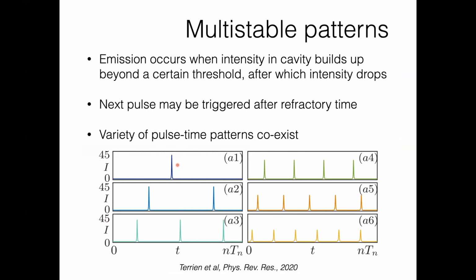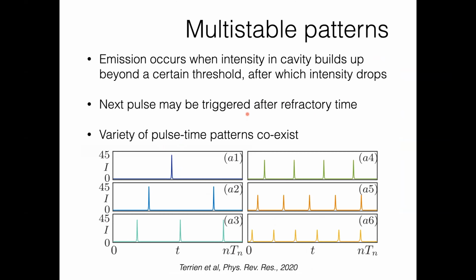So we can have patterns with 1, 2, 3, 4, 5, or even 6 pulses per delay period. And the only real thing that we need to have here is that there's some excitation and there's some delay, and the delay needs to be sufficiently long so that we escape this refractory time. So really the question here is, what are the patterns that coexist? Where are they in parameter space? And really we're asking about the capability of the system to store memories.